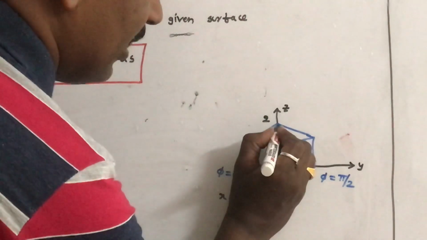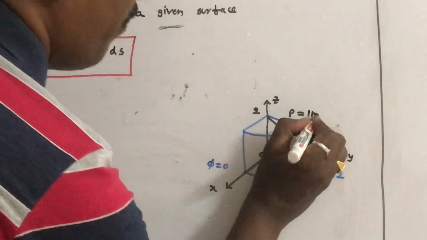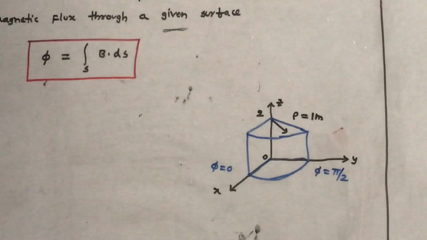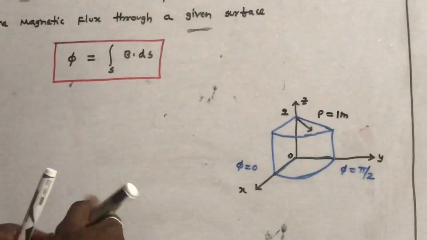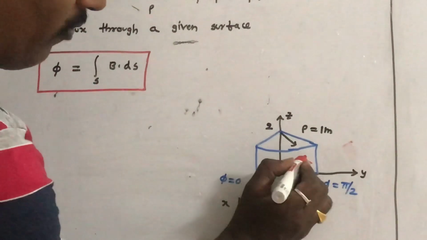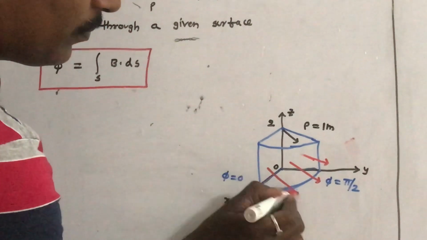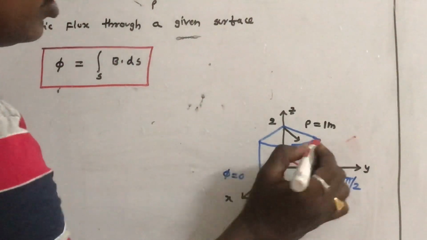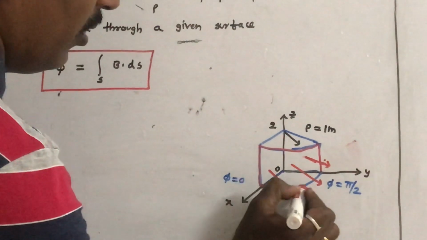And what is the radius? The radius rho is equal to 1 meter. What is asked? It is asked to calculate the flux crossing through this outer surface. What is the magnetic flux passing through this surface? This is the question.